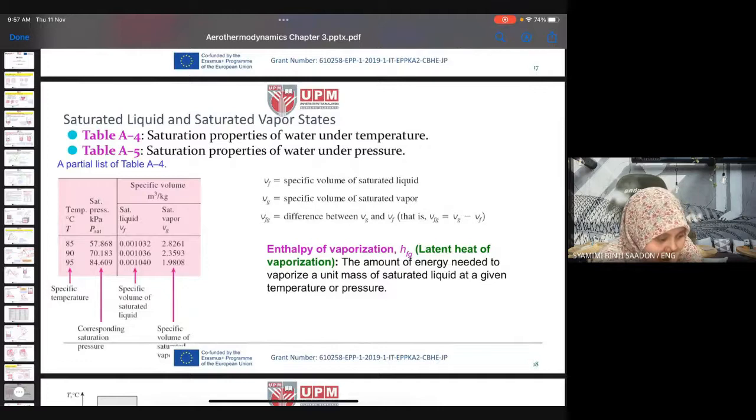This is how you read one of the thermodynamic tables. Like I mentioned just now, in thermodynamics we have several thermodynamic diagrams, and we also have tables.